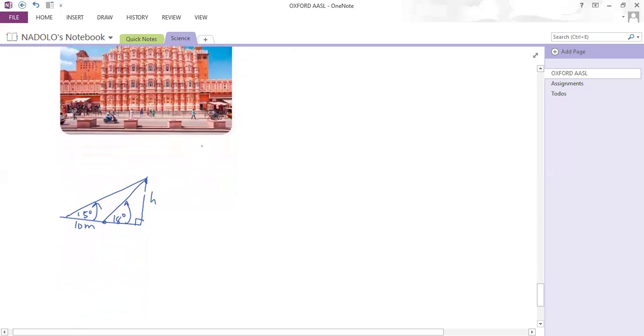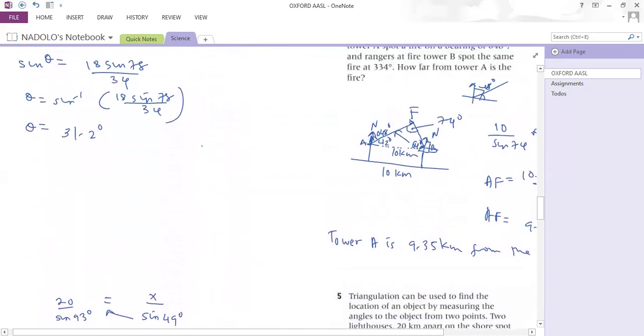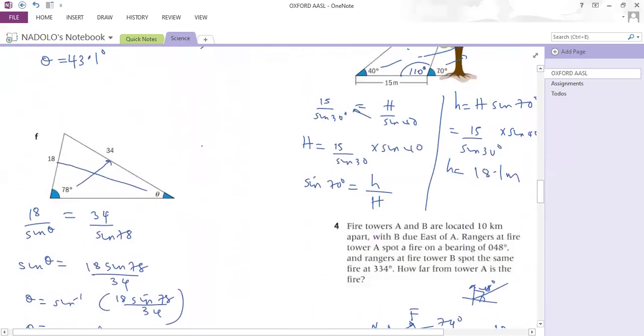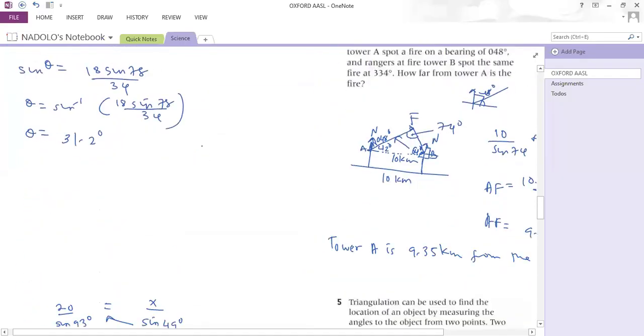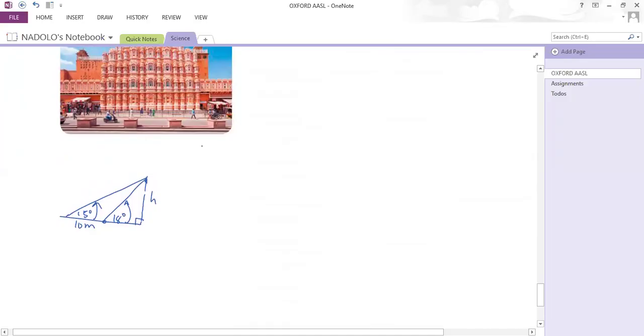This is similar to a question we did somewhere up here, should be question 3. So it's a similar approach. We are looking for h. Because this is a straight line, we'll find the angle that faces the 10 meters, but we need to find this angle first.